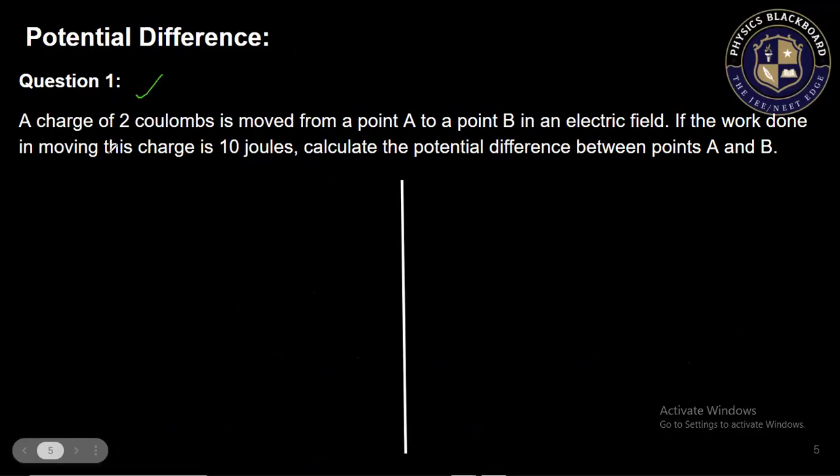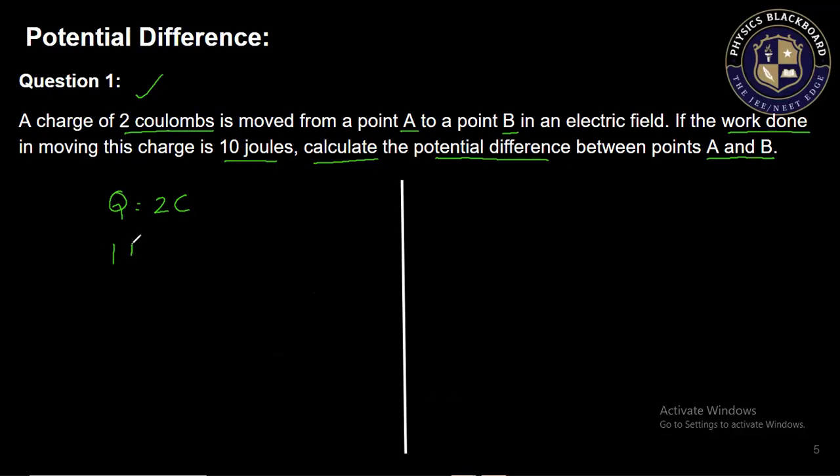Question 1. A charge of 2 coulombs is moved from a point A to point B in an electric field. If the work done in moving this charge is 10 joules, calculate the potential difference between the 2 points A and B. So here the charge given is 2 coulombs, right? 2 coulombs of charge is moved from one point to another point.